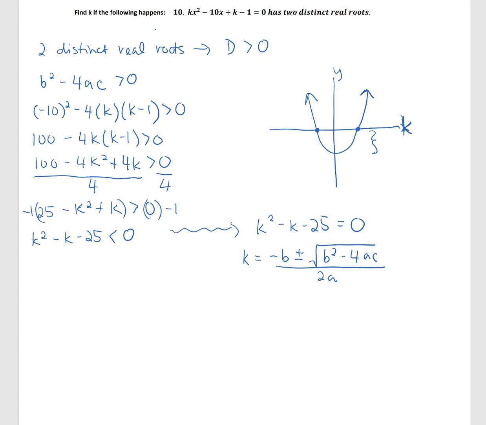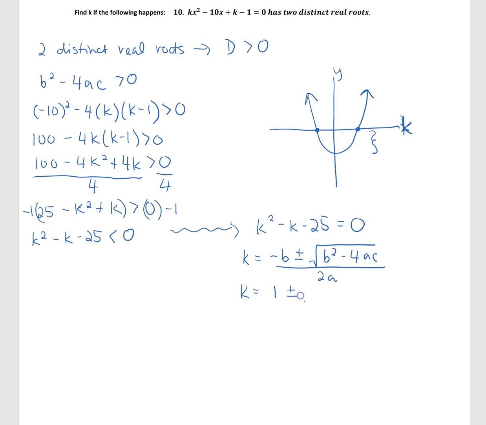So plugging in what our coefficients are, b is the coefficient on k here, so it's negative 1. So it cancels out this negative and we just have a positive 1.